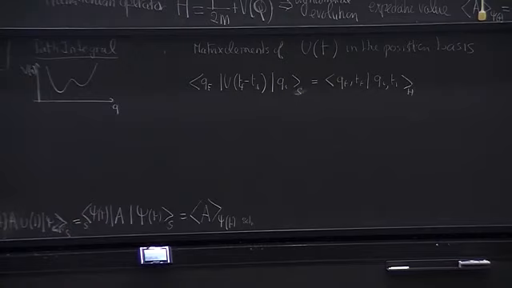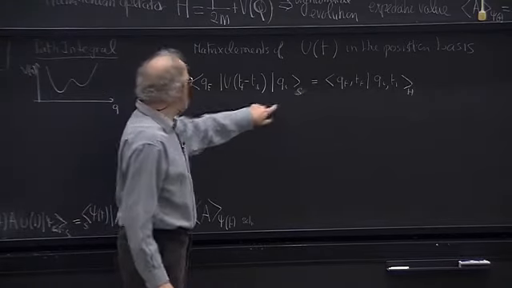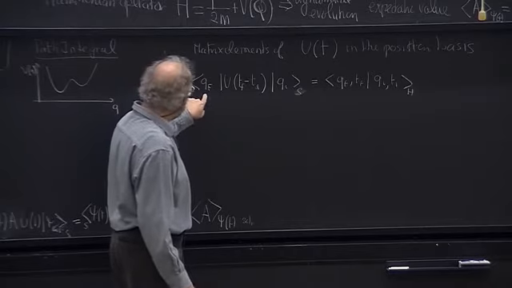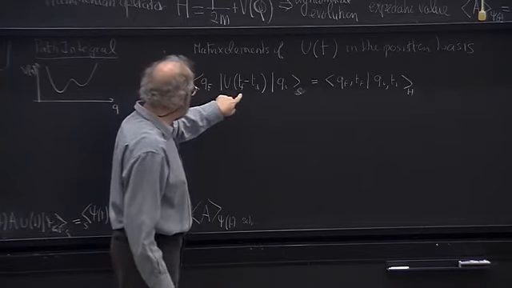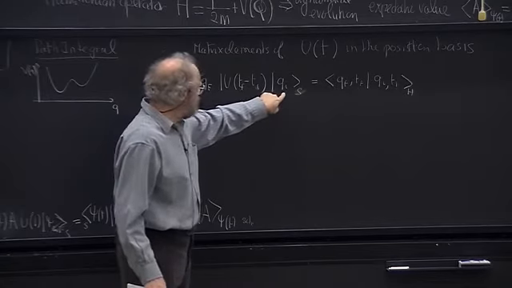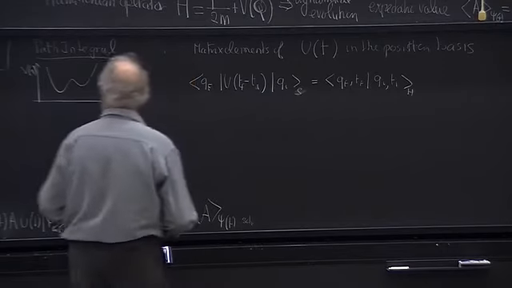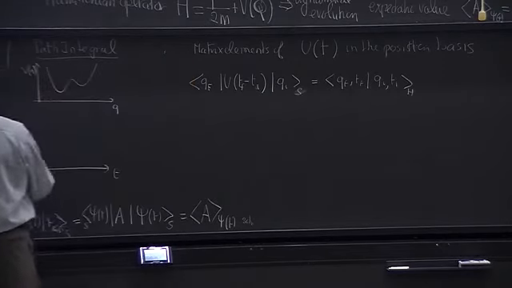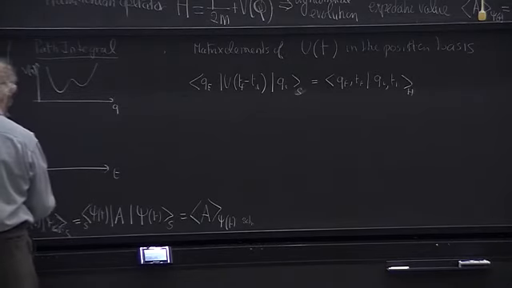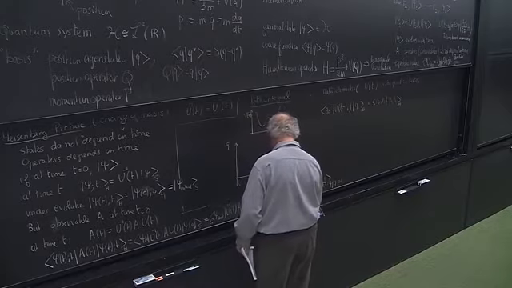Okay. And so, you see, this is a probability amplitude, because this is just the state that results from the evolution at time t_f of the state that was a position eigenstate at time t initial. So basically, if I write here time, here I write the position q, here this is my initial time, and this is my final time.